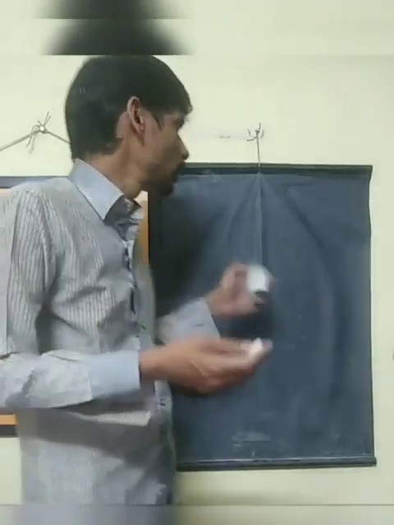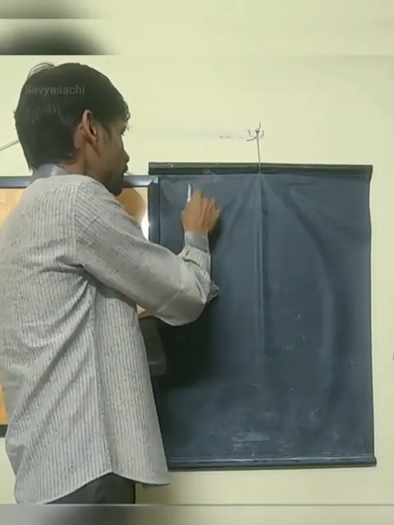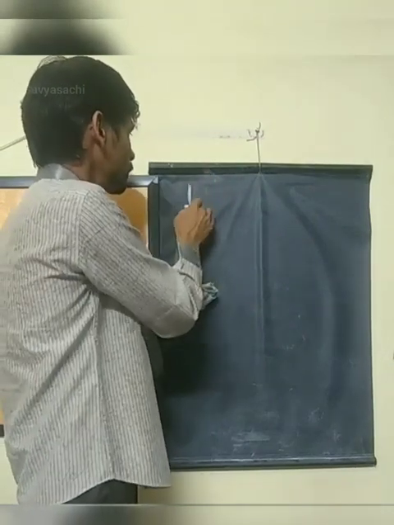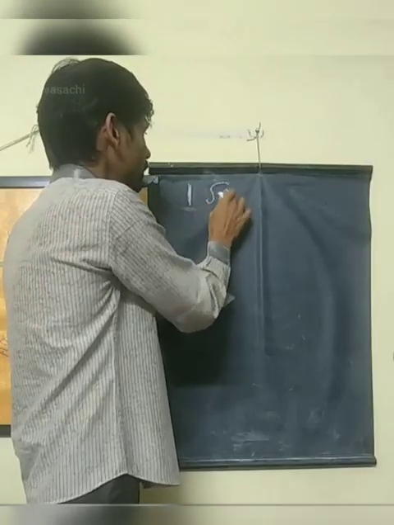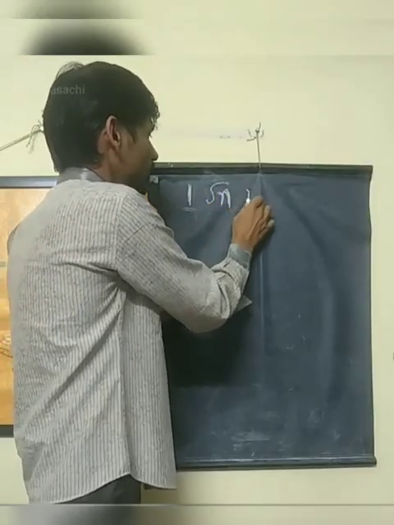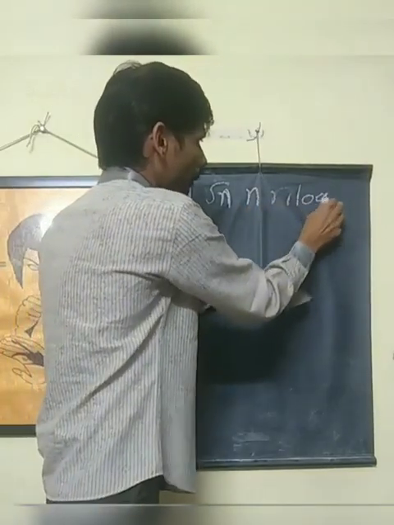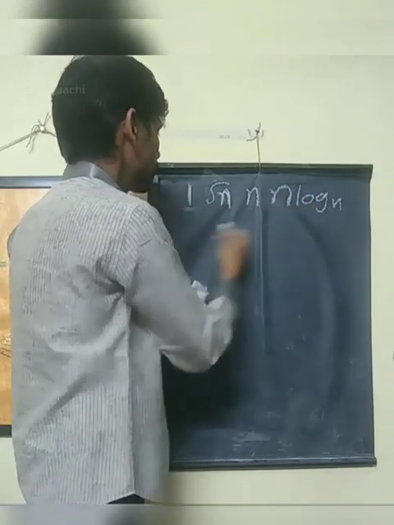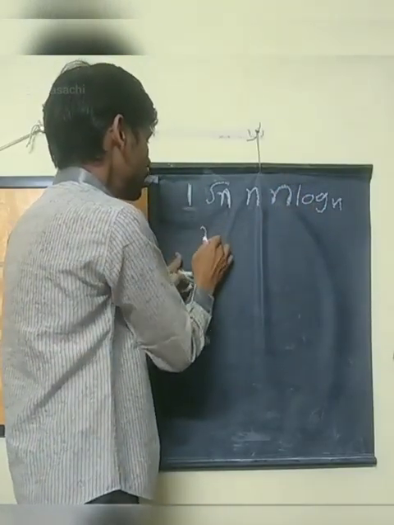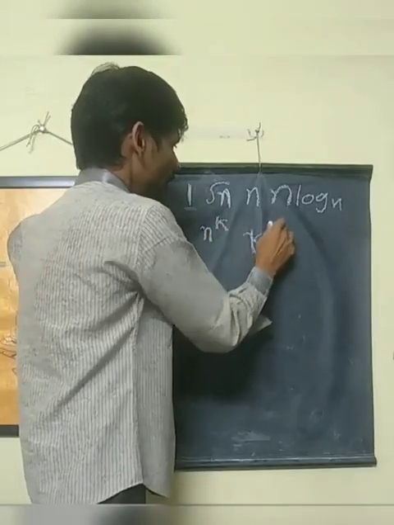So for example, we have 1, root n, log n, n power k, and k power n.